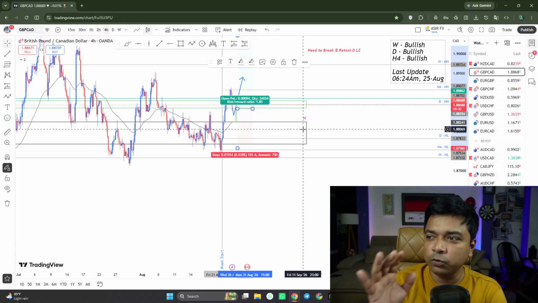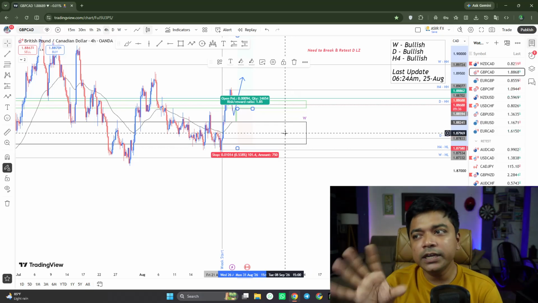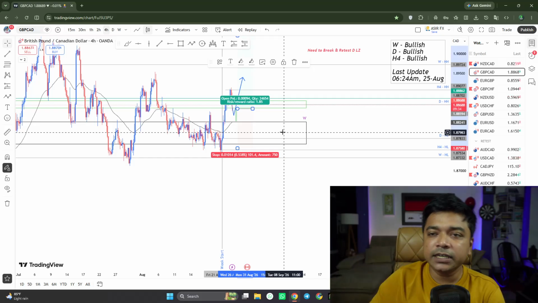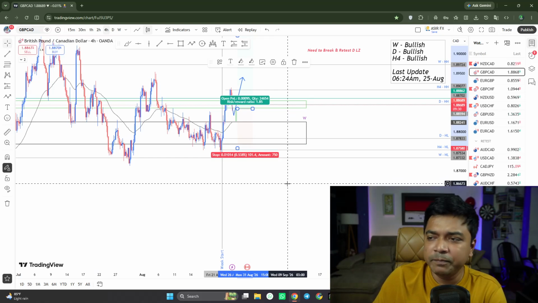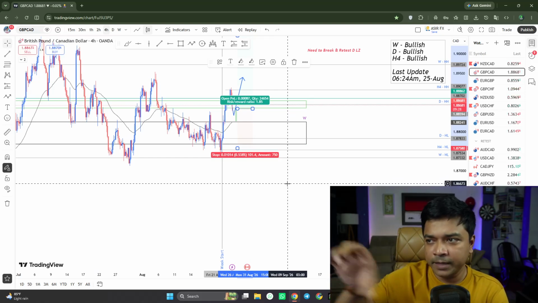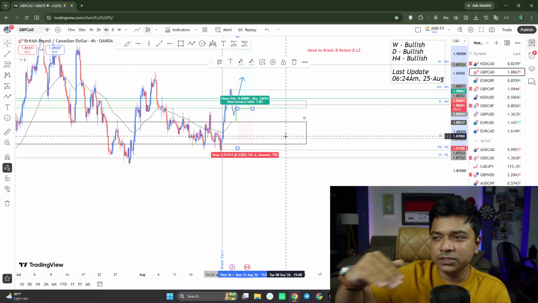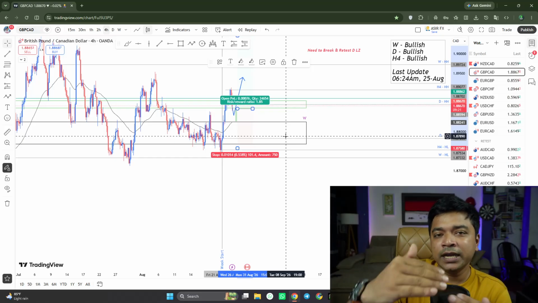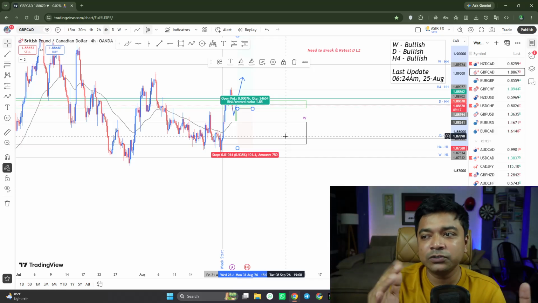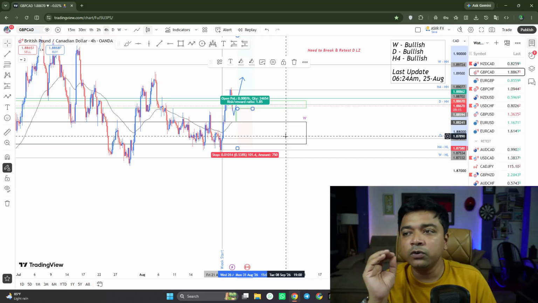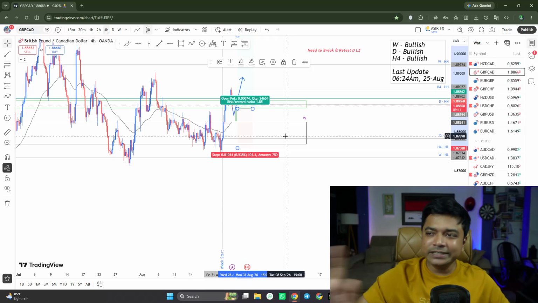There is one more thing: to draw a liquidity zone, you need to use maximum 30 to 40 or 45 pips, or 50 or 60 pips. You can make this zone no bigger than that. If you draw a zone with a huge gap, then it will be very hard to set a stop loss. So your stop loss must be below your liquidity zone. So this is the strategy.